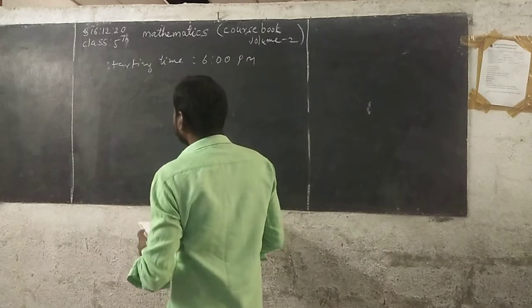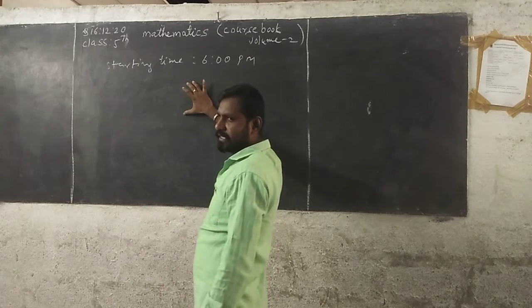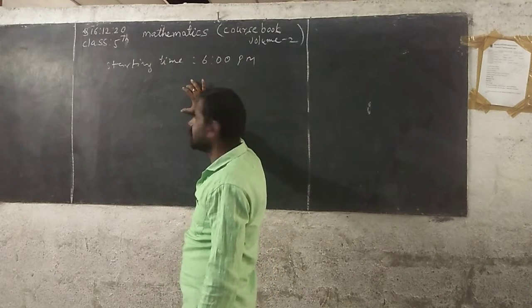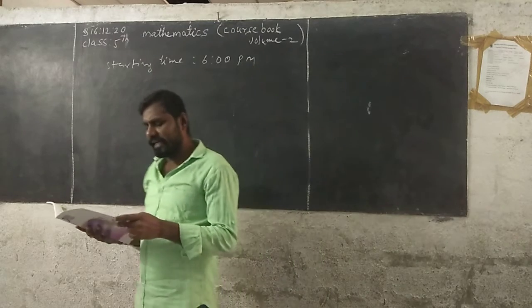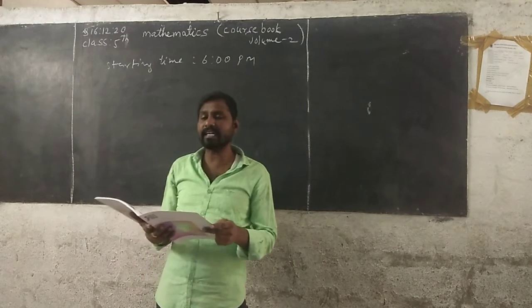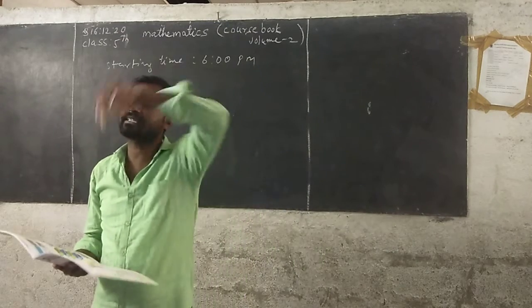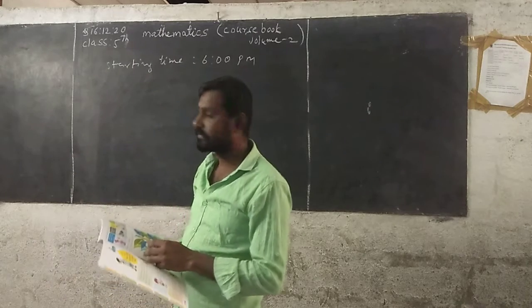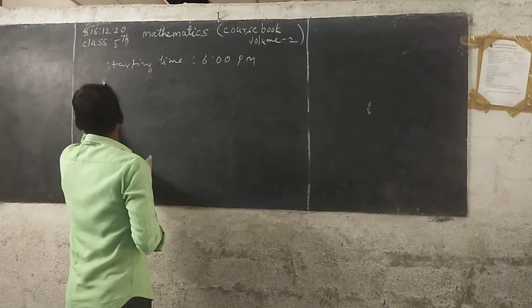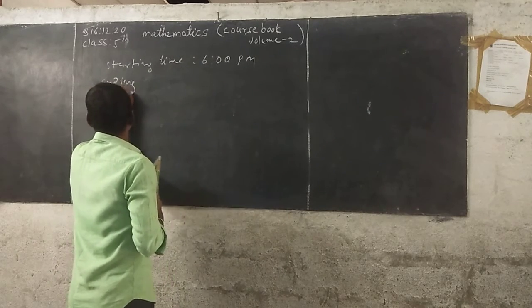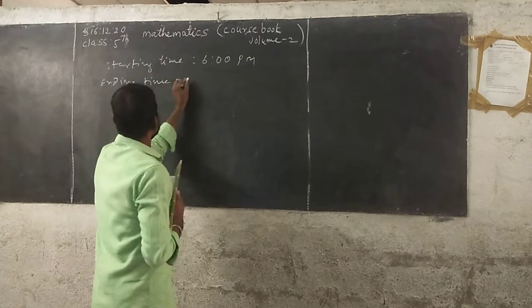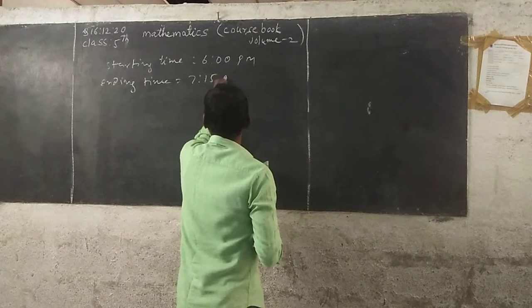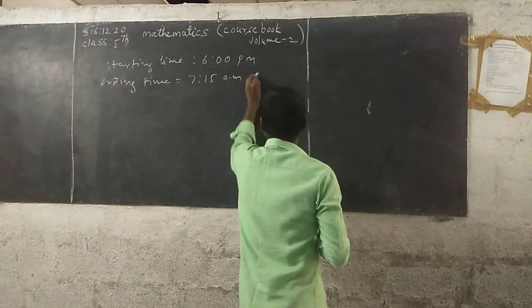Today, the train started at the railway station at 6 PM. It reaches the destination at 7:15 AM the next day. So the ending time is 7:15 AM, the next day.